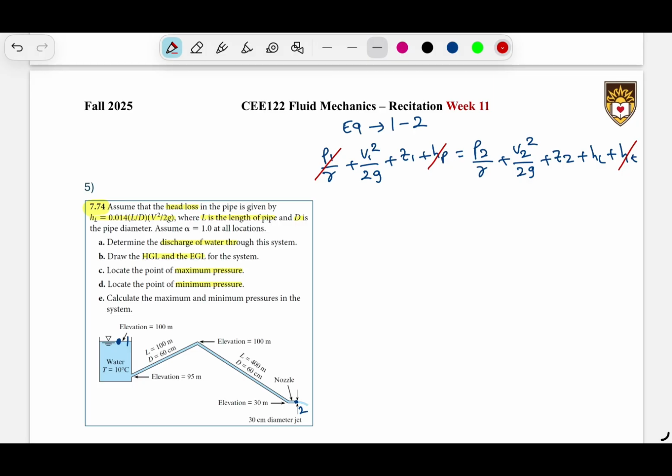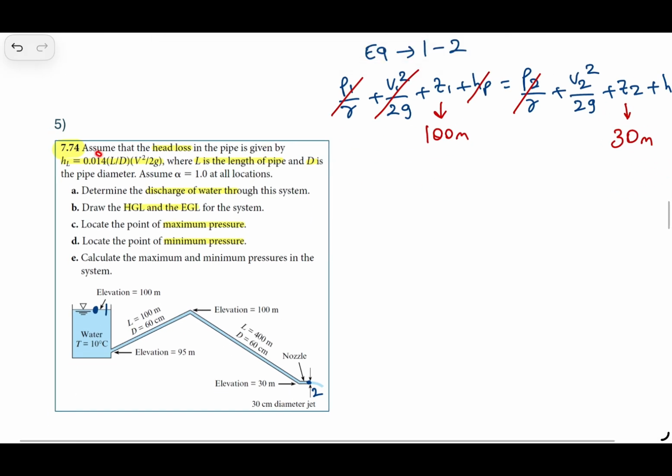And this is valid for both points. And V1 is also 0. We have Z1, which is the elevation of point 1, and it's given as 100 meters. We have V2 square, and we have Z2, which is 30 meters. And we also have head loss, as given in the question text.